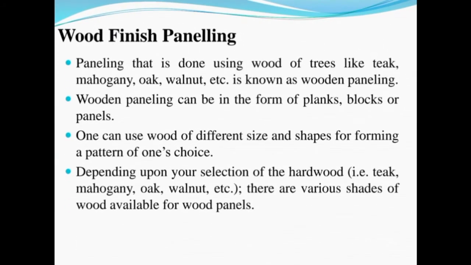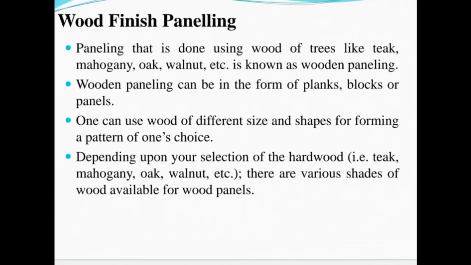From the name itself, we can know that they are using wood as a finishing for the paneling materials. The woods that are used for the paneling are teak, mahogany, oak, walnut, etc. And the paneling can be in the form of planks, blocks or other panels.